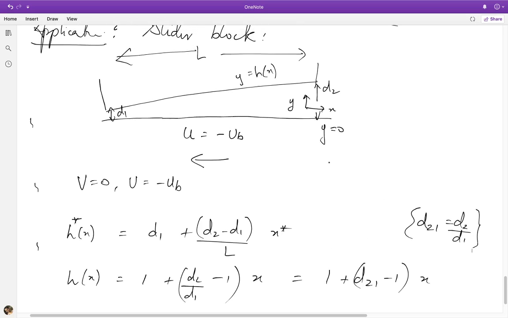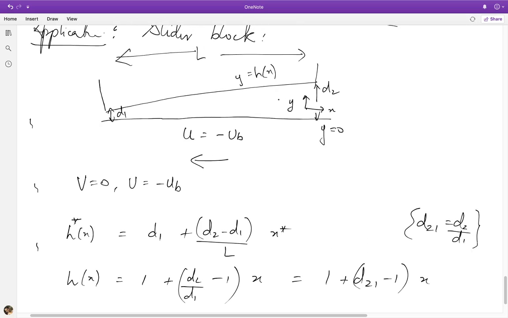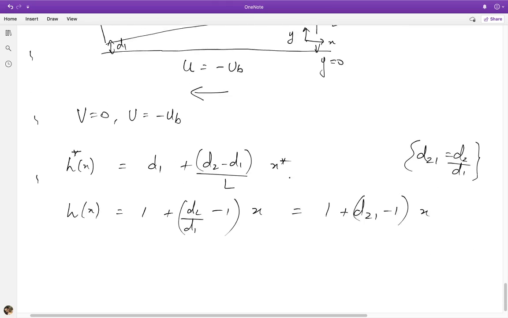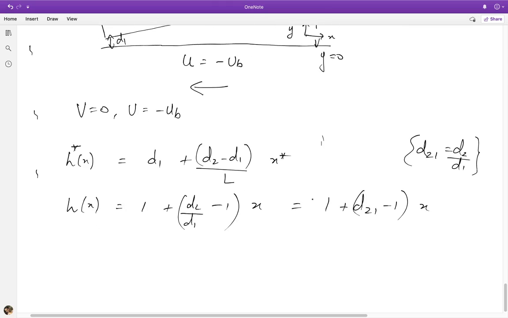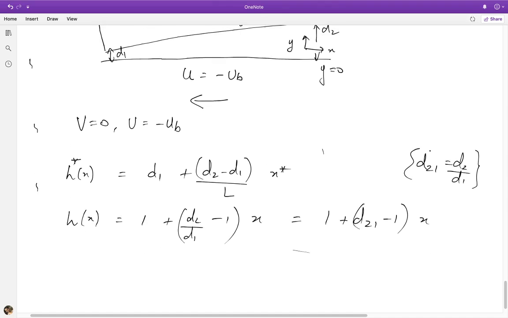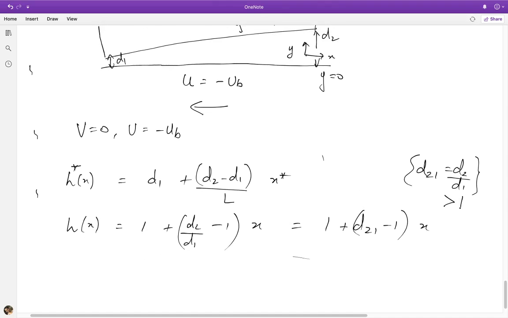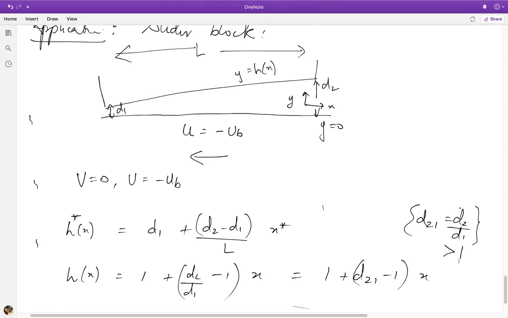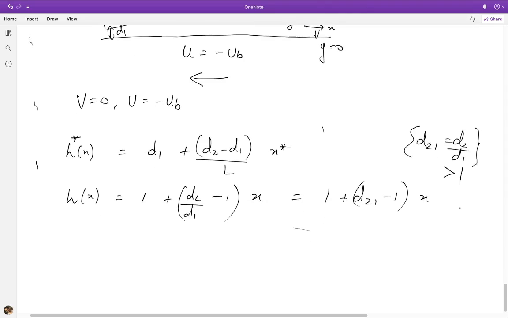You can see now that if d21 is greater than 1, it means that the fluid is moving from the thick region into the thin region. And that's going to be important. If d21 were less than 1, it would reverse the geometry and fluid would be moving from the thin region into the wide region. So that's going to be important for the results that follow. In this case, we'll consider d21 being greater than 1, so fluid is being driven into the narrow part of the gap.